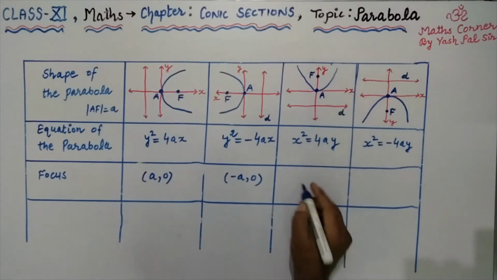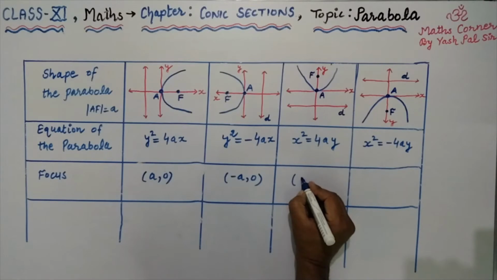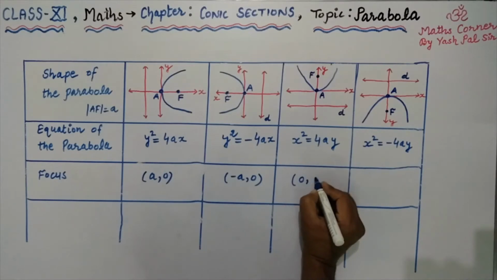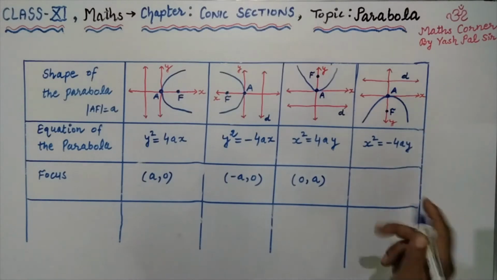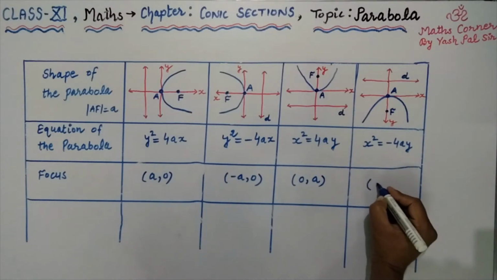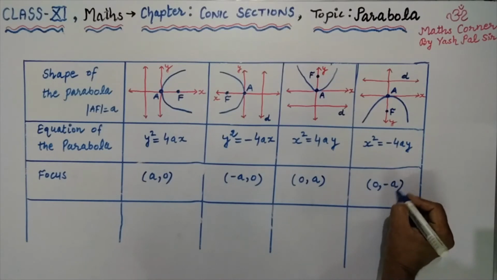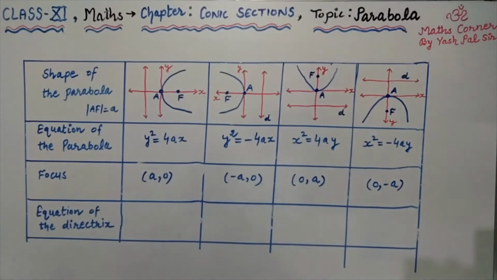In upward parabola, the focus coordinates are 0, a. In case of downward parabola, the coordinates of focus are 0, minus a.